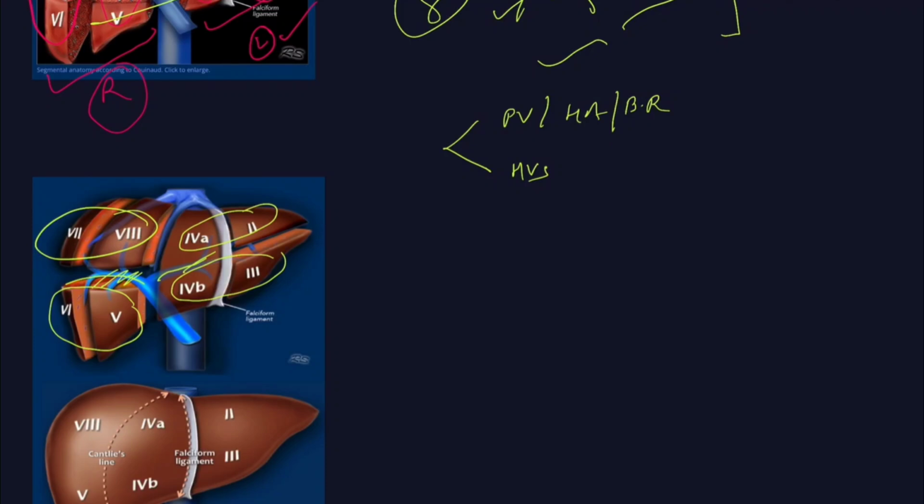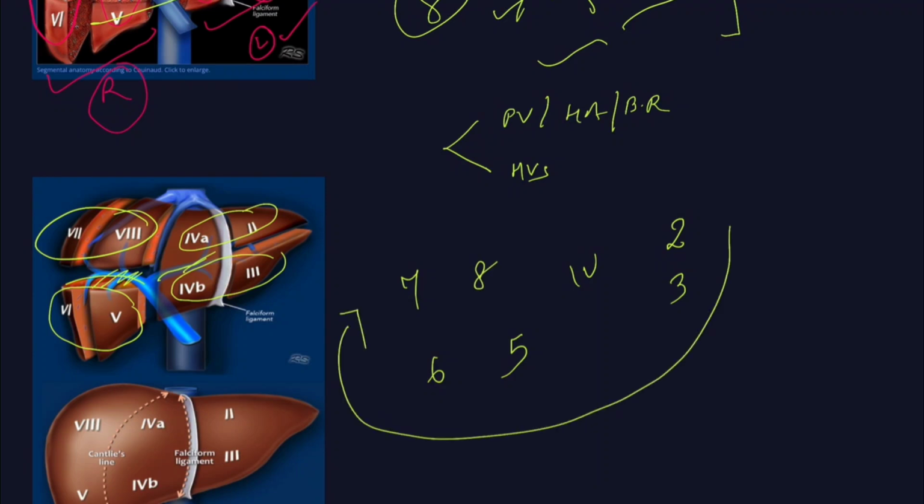So the nomenclature according to Couinaud classification is clockwise: segment 2, 3, then 4, 5, 6, 7, 8, okay. Clockwise classification, 4 is divided into 4A and 4B, okay.